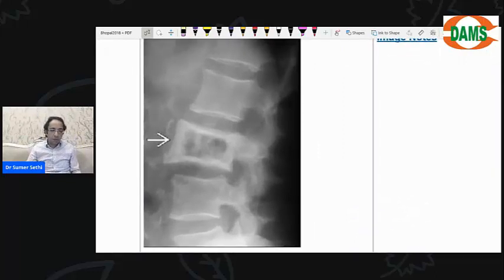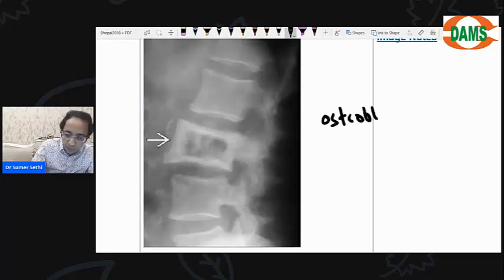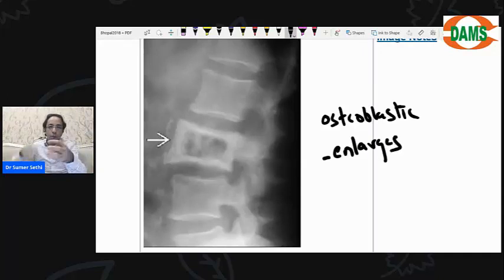And then what happens in Paget's, because of osteoblastic activity, the vertebra enlarges. Think, if bone is forming, the vertebra will become bigger. And not only does it enlarge, it starts to show increased density along all the borders of the bone.